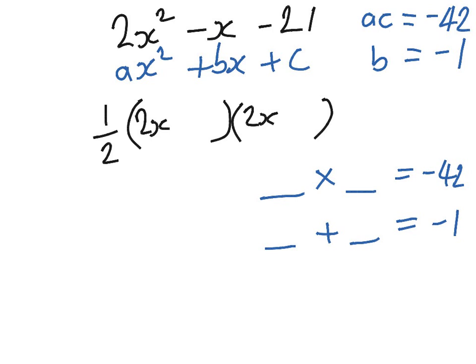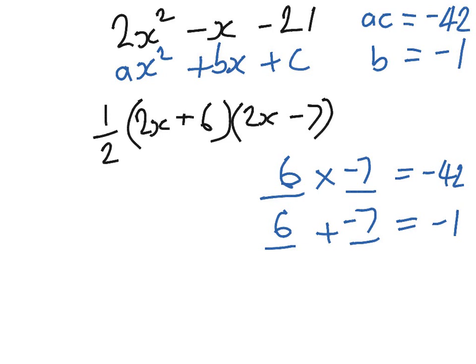42 is 6 multiplied by 7, so we're going to have 6 and 7. Now, we can see here to make negative 1, that's going to have to be negative 7, because 6 plus minus 7 is negative 1. So we can then put the 6 and negative 7 into the brackets. So we've got 2x plus 6, 2x minus 7.